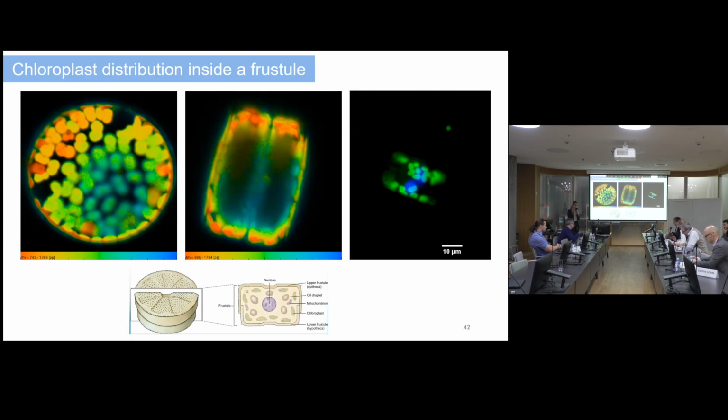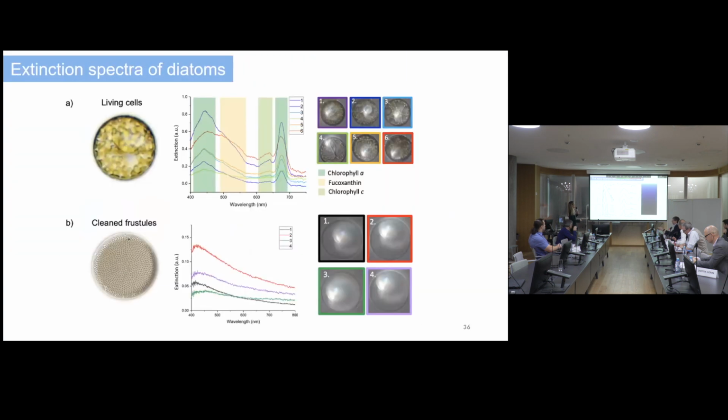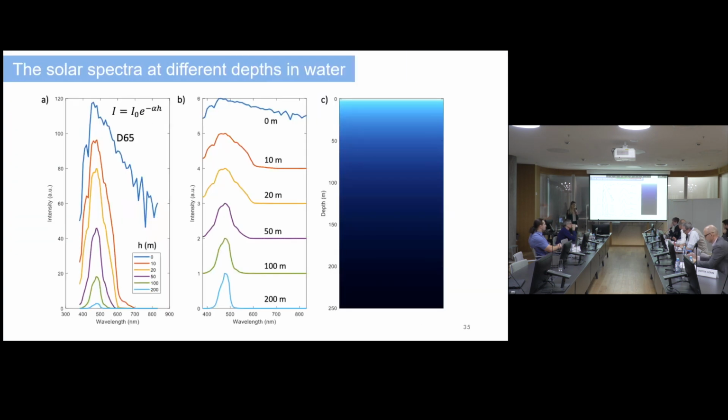So slide 35, if you go there, you showed the penetration of light in water as a function of depth. Do you know why blue penetrates deeper than the rest of the wavelengths? Higher intensity? You think it's intensity? Well, if you look at the spectra, the intensity is not that different, right?